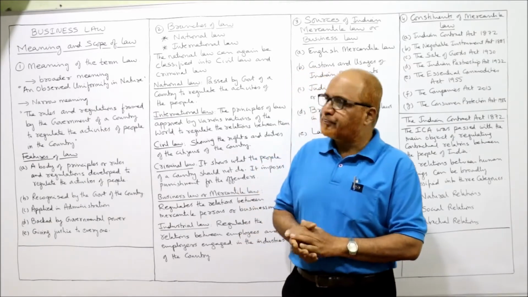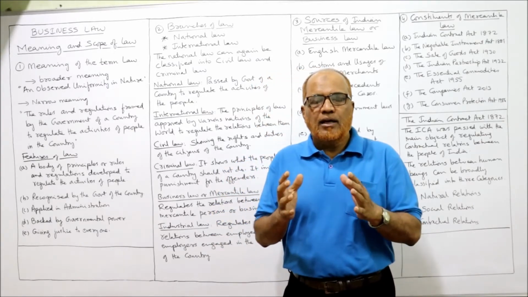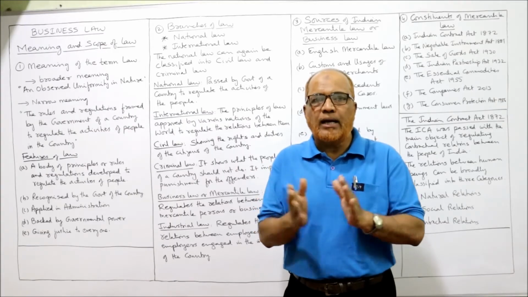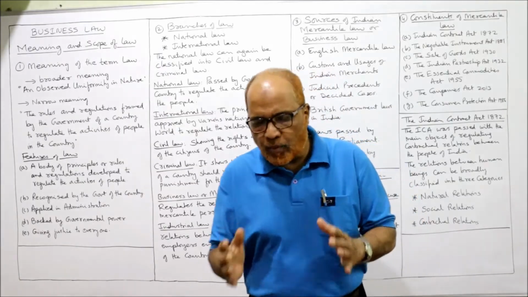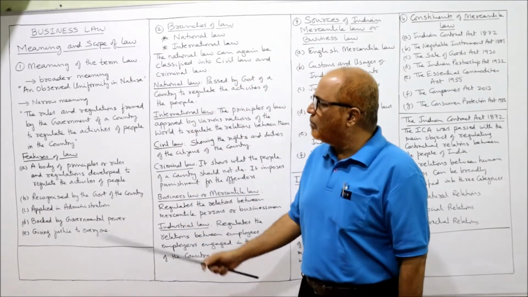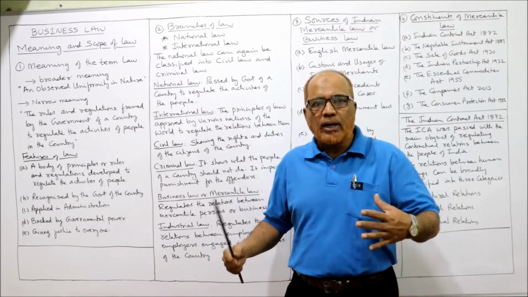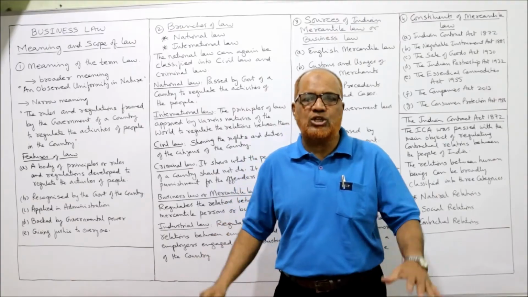Now, first of all, the meaning of the term law. The meaning of law can be studied under two broad heads, broader meaning and narrower meaning. From the broader view, law means an observed uniformity in nature.